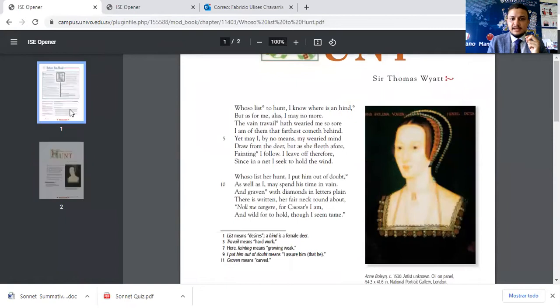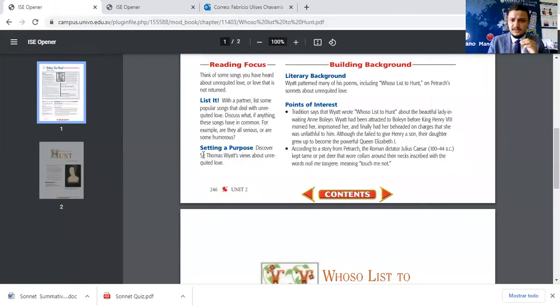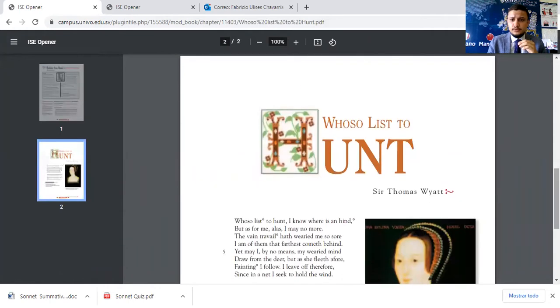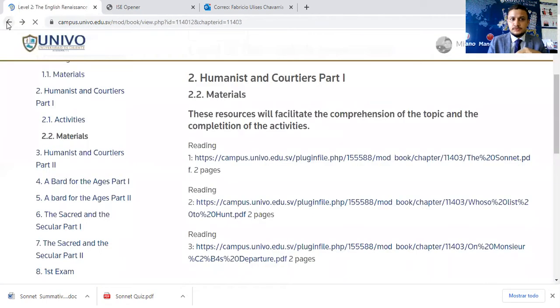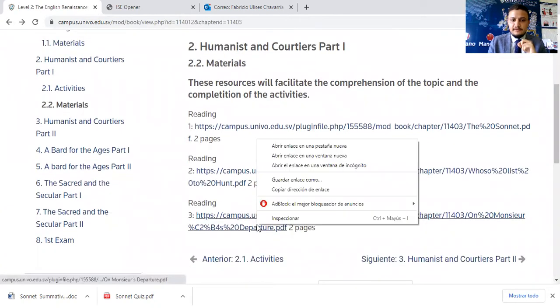So this one is like a preview. In this one, you don't need to do anything. There are no activities. What you need to do is read and get the notion and the sense of what we're talking about. It's 2 pages long, a 5 minute reading.